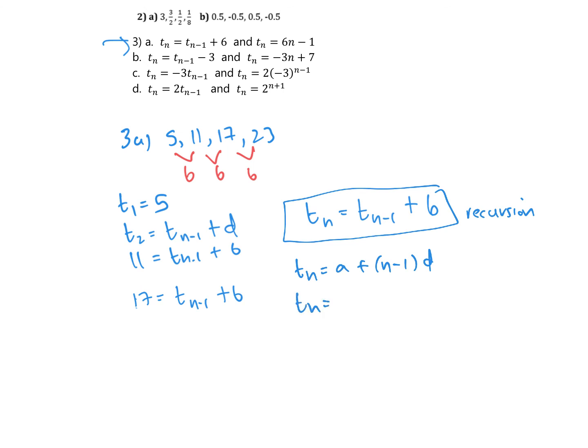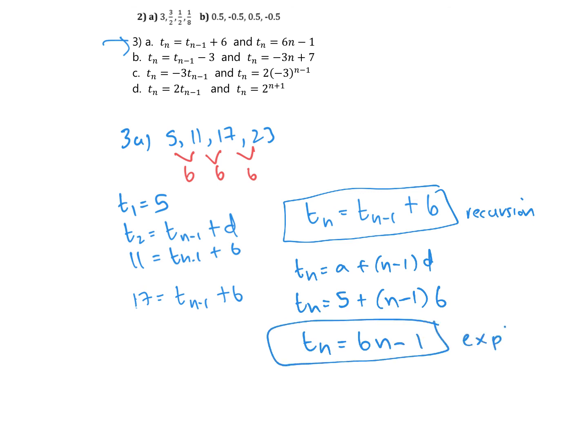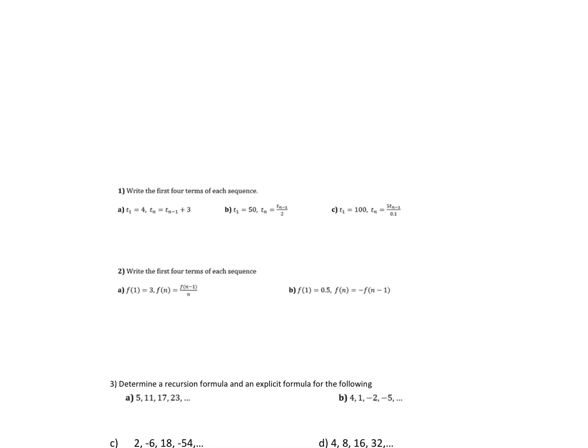We know that the first term was given as 5 and that it has a common difference of 6. And so the explicit formula will be 5 plus 6 times n minus 1. You can look here to see the form I've given up here.